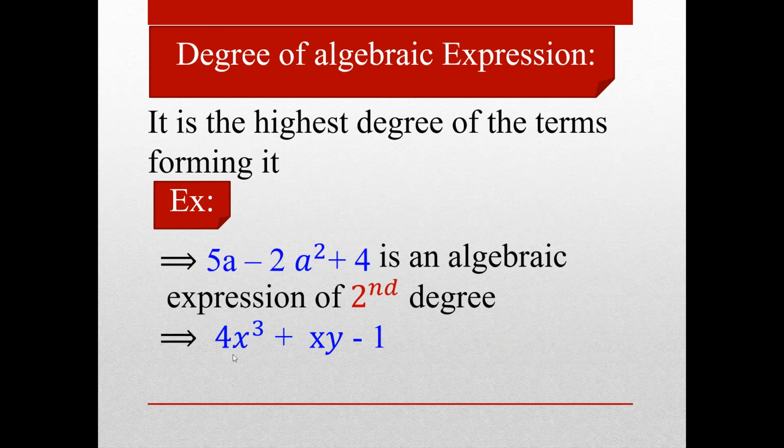The degree of the first term: the first term is 4x power 3, the algebraic factor is x power 3, so the degree will be third degree. The second term, xy, x with power 1, y with power 1, so the degree of the term will be second degree.